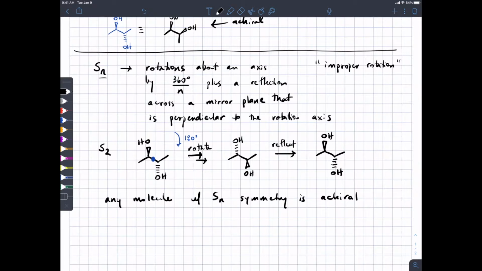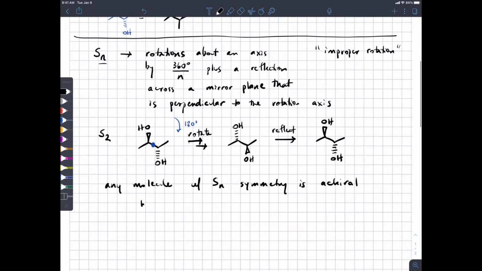I always struggle with that because I'm afraid when I say this is an achiral molecule, people are going to hear that I said it's a chiral molecule. So I have to be very careful. It is a not chiral, achiral molecule because it's the same as its mirror image, right? Because rotation around an axis doesn't really change the connectivity, and then you reflect through a mirror and it's the same as its mirror image.